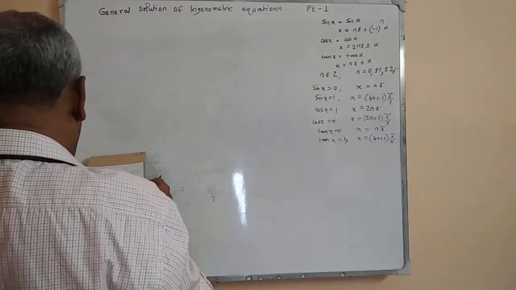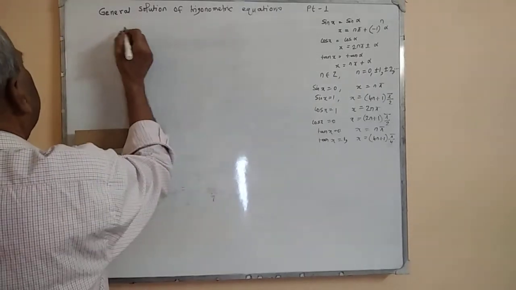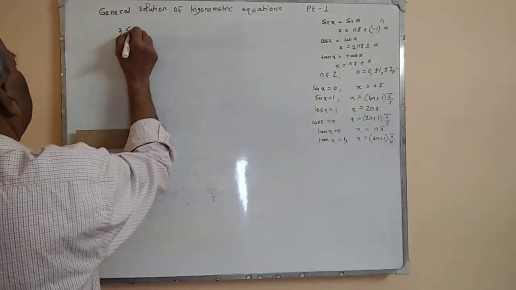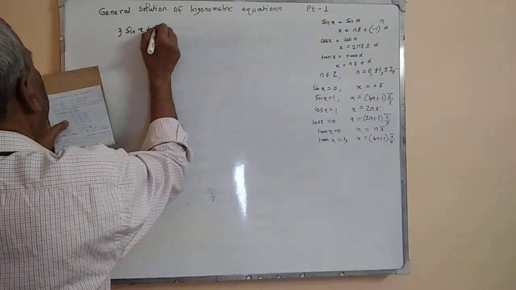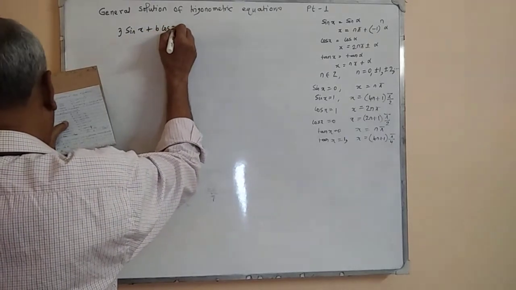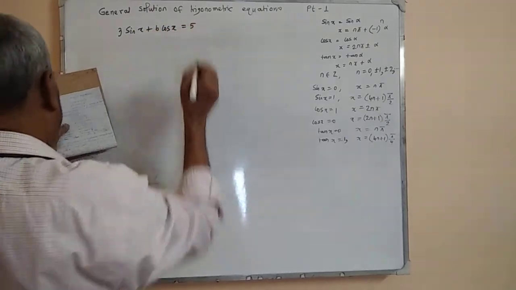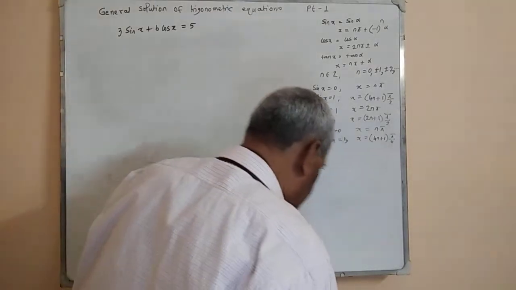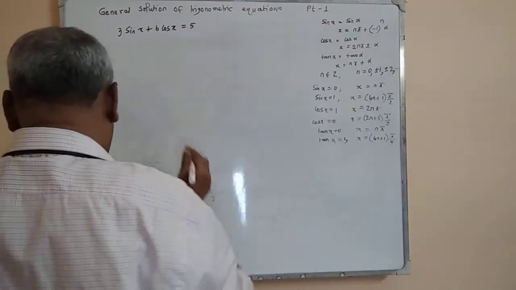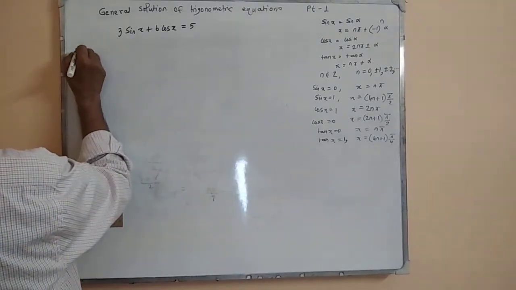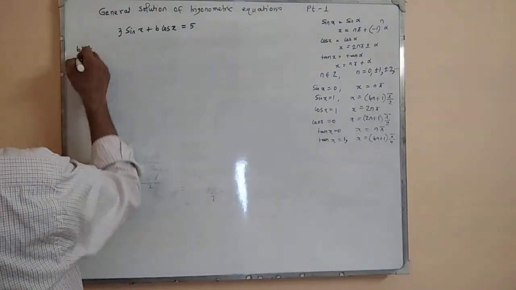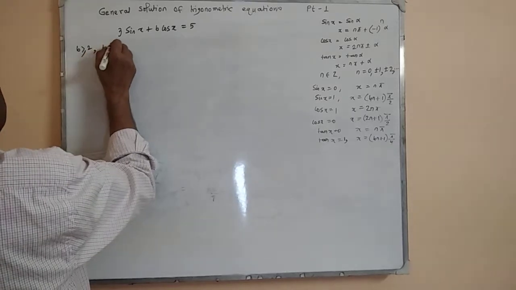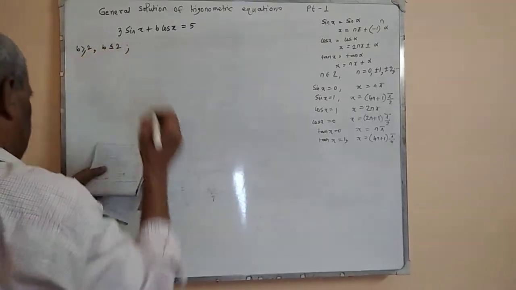First problem is, if 3 sin x plus b cos x is equal to 5, it is solvable, then find the range of b. Options are: b is greater than or equal to 2, b is less than or equal to 2, first option.